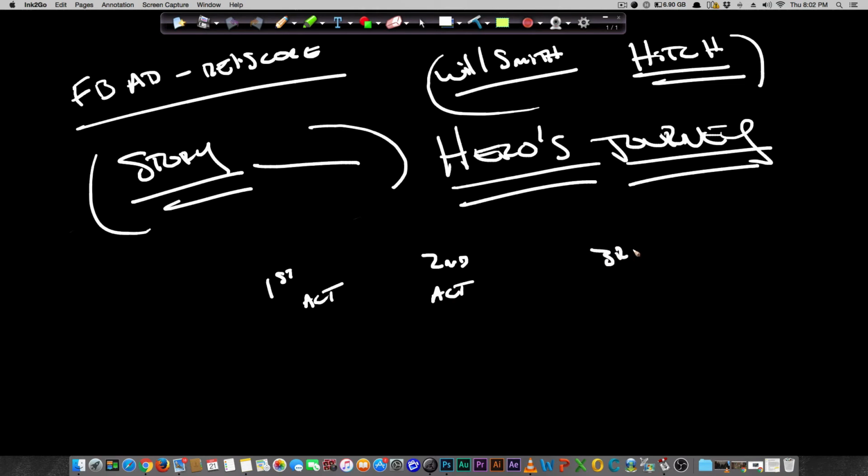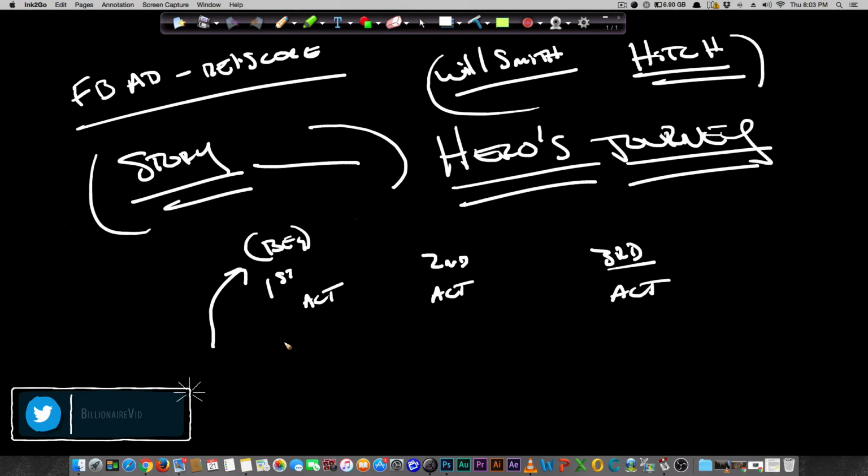And then the third act. Now, they break this down way more than this, but this is the beginning and everything is happening. If you look at movies, everything's always beautiful and rosy, and they introduce all the characters right here, right? If you look at comedies, let's say Ice Cube in Friday, they introduce who Ice Cube is, who he worked for, what his family looks like, what he does every day, and what he's about.